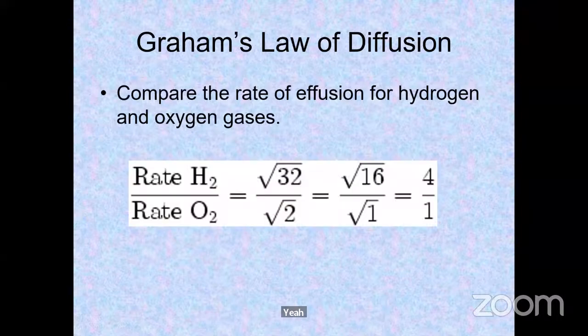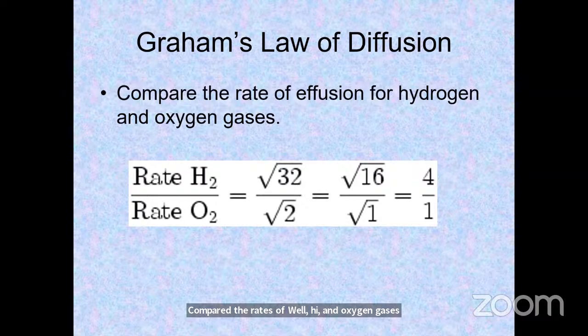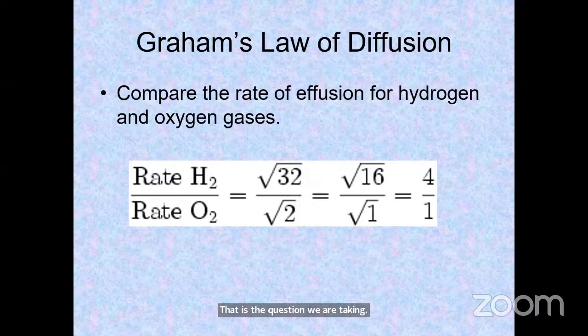Now we can take an example. Compare the rate of effusion for hydrogen and oxygen gases. That is the question we are taking. We are asked to compare the rate of effusion for hydrogen and oxygen gases.